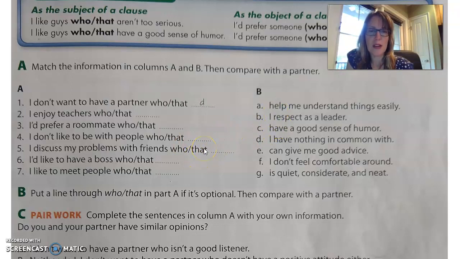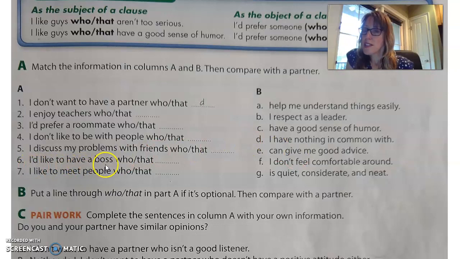So we could use C. Another answer, because we're talking about problems, this one maybe makes more sense because it talks about advice. Friends who or that can give me good advice. You have a modal here, and then a base verb, okay?